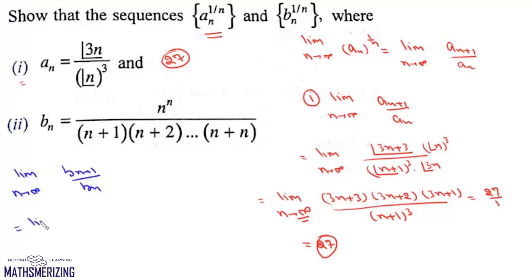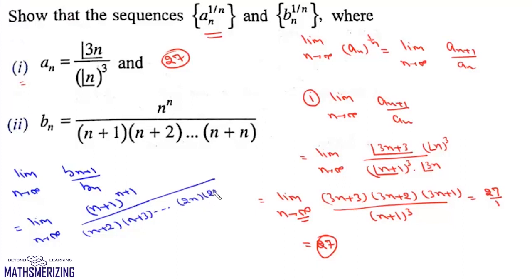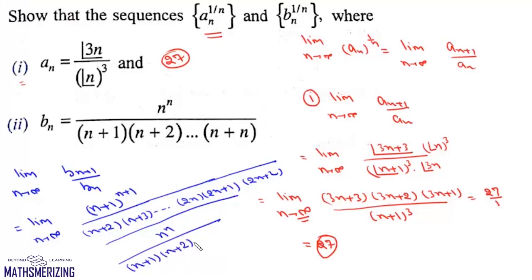Now bn plus 1 is n plus 1 to the power n plus 1 upon n plus 2, n plus 3 up to 2n plus 1, 2n plus 2, divided by bn, and bn is n to the power n upon n plus 1, n plus 2 up to 2n. Now n plus 2, n plus 3 up to 2n will cancel.